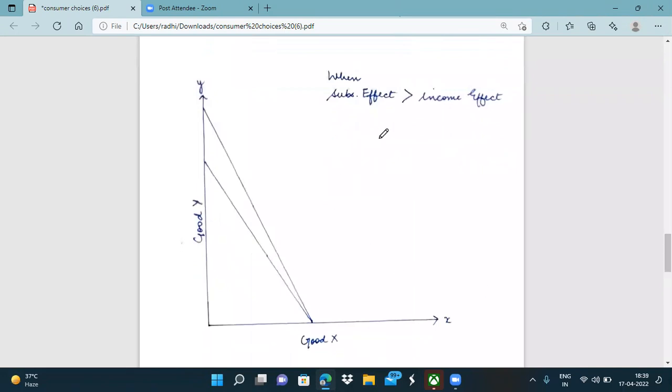So taking the example when the substitution effect is greater than the income effect, let this be our initial indifference curve at the initial budget constraint, and let this be a new indifference curve on the new budget constraint.